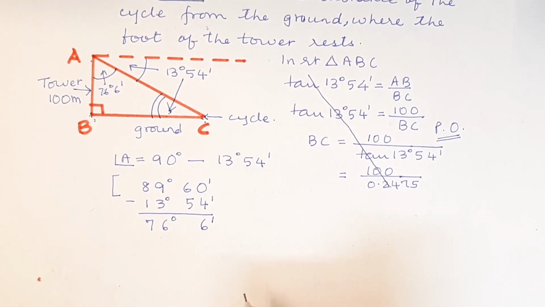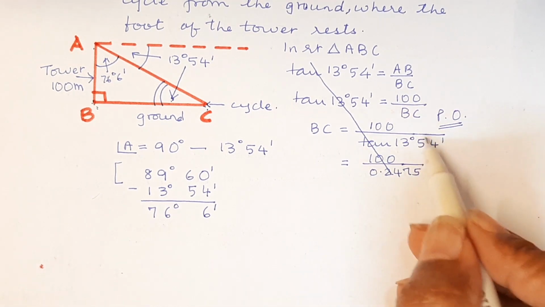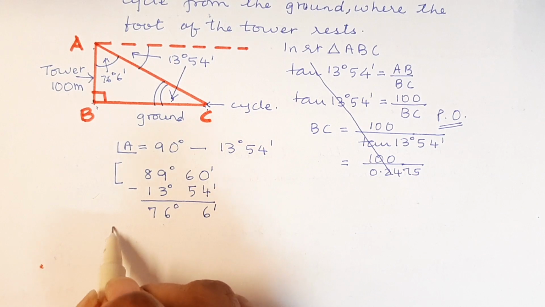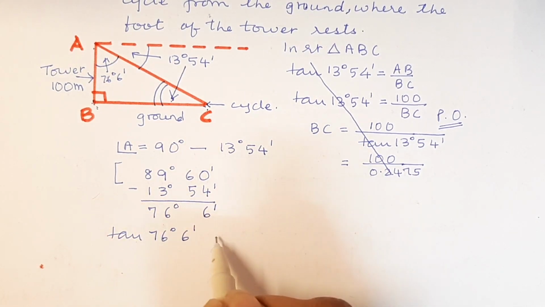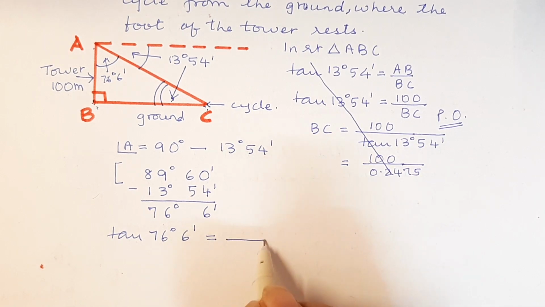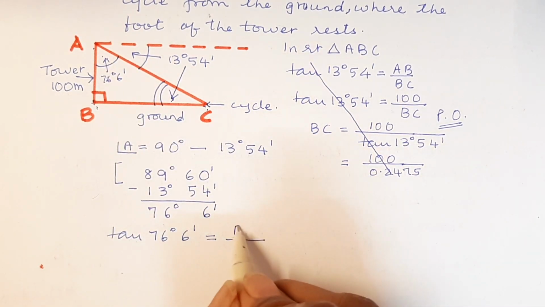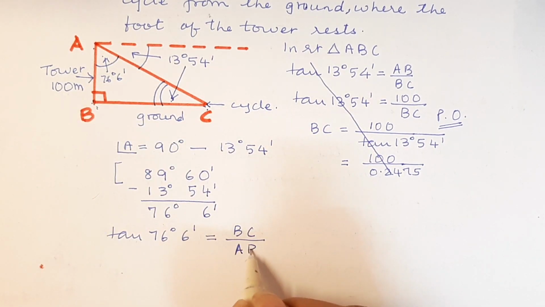Now in order to get numbers which can be multiplied rather than divided, we will use the tan of 76 degrees and 6 minutes. For this angle, opposite is BC and adjacent is AB.